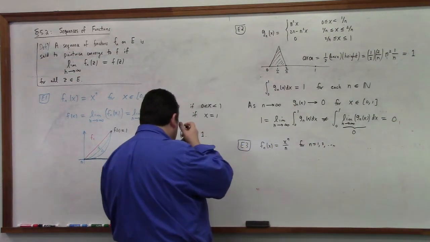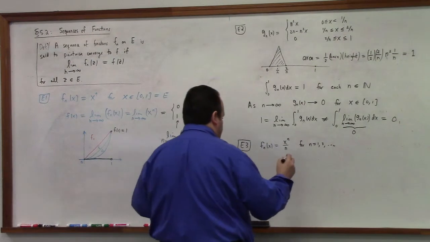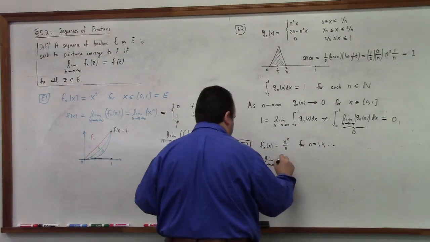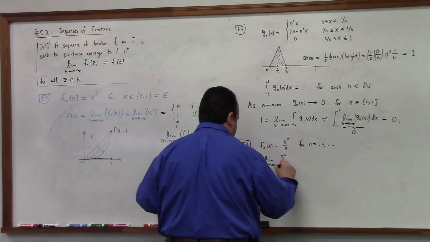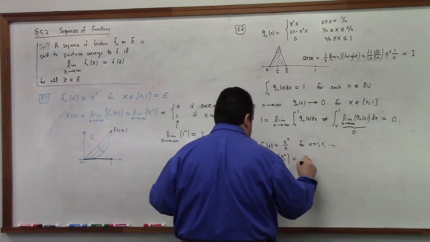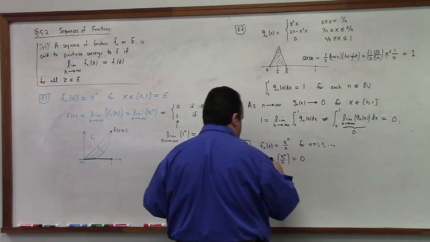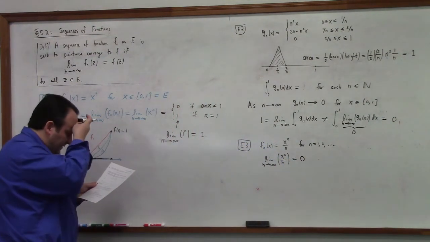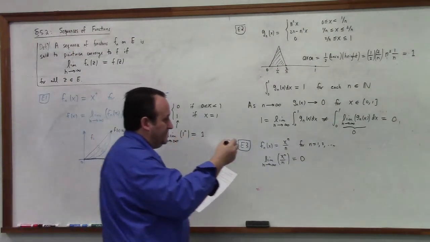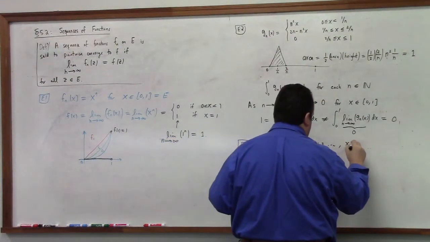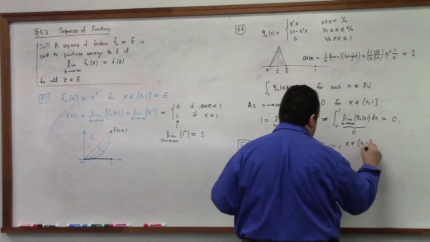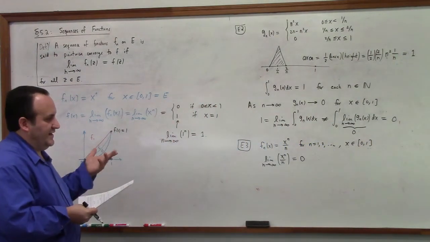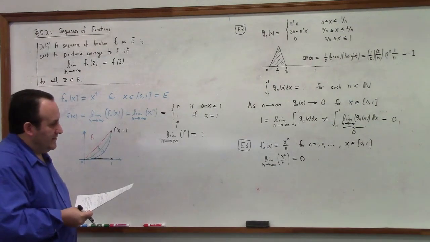And of course, what's the limit as n goes to infinity of fn here? Well, it's equal to 0, right? Because as n goes to infinity, you've got 1 over n going to 0. And here x is an element of 0 to 1, so the x to the n can't compensate the n.